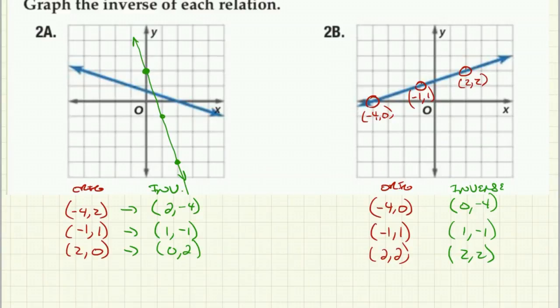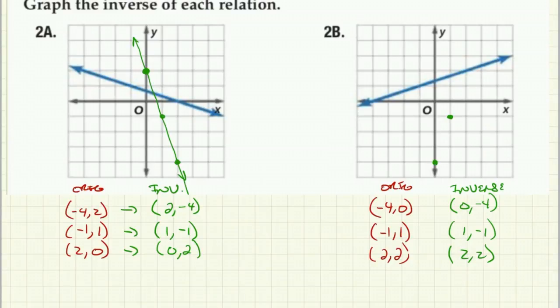Let me erase what's on my graph right now, and then we will redraw this. So the inverse value is going to be at 0, -4, so 1, 2, 3, 4. The inverse has a y-intercept of -4. It's going to be at another point at +1, -1, which is going to be here.